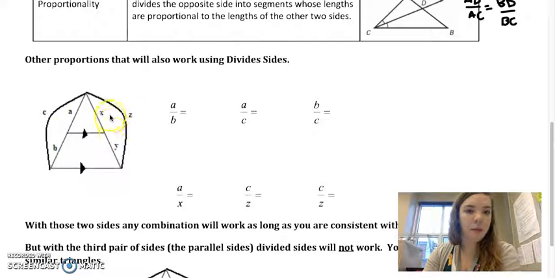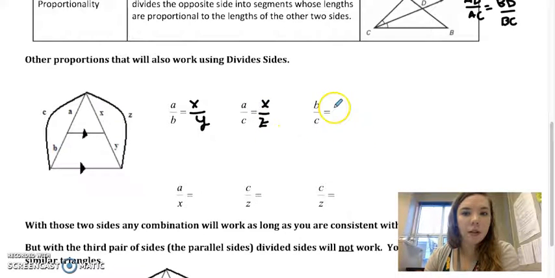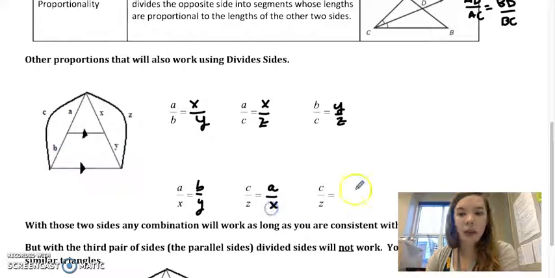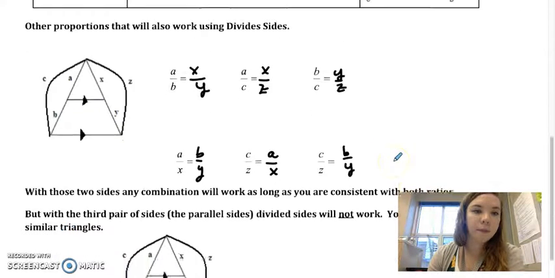So A over B would be the same as X over Y. A over C will be the same as X over Z. B over C would be the same as Y over Z. A over X is B over Y is C over Z. And then you could pick A over X or B over Y, but let's do here A over X and B over Y. All of those would work for divided sides.